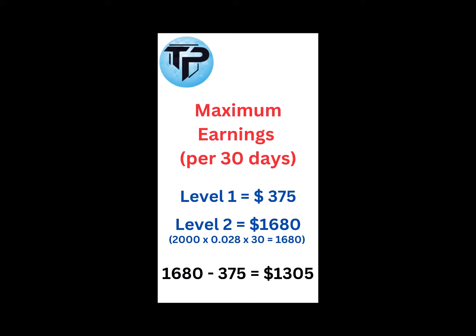Now, the difference between level 1 and level 2, like I say, at the top of level 1, you're earning $375 a month every 30 days. At the top of level 2, you're playing with a lot more money, so the maximum you can make there is $1,680.